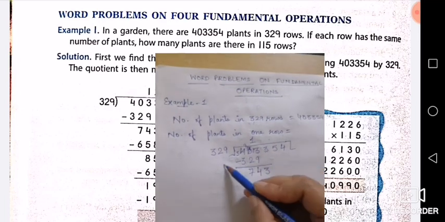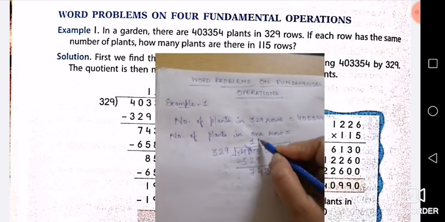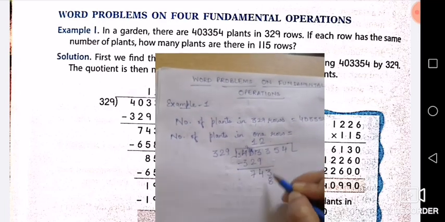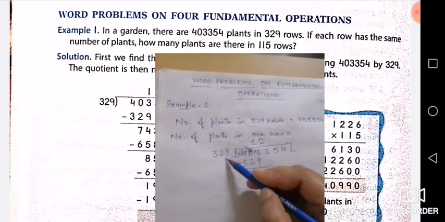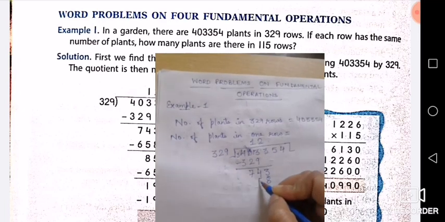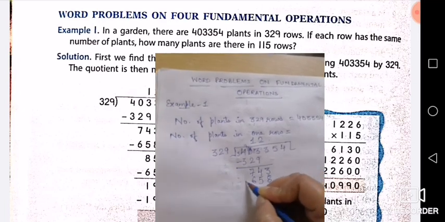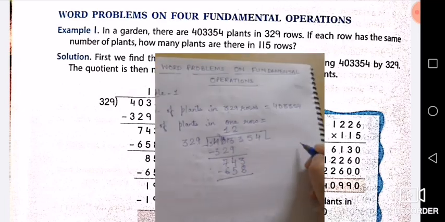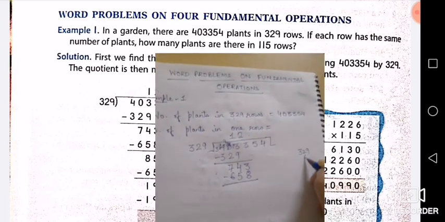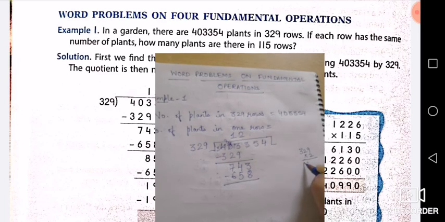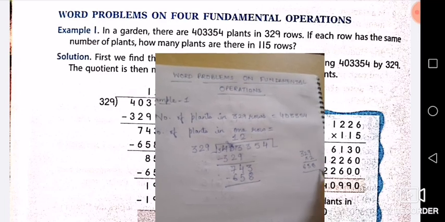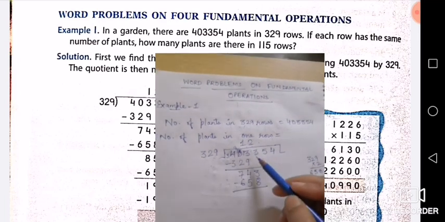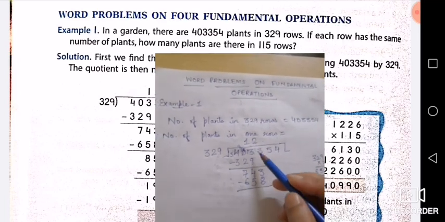Now, it will go 2 times. So, we will do it 2 times: 2 9s are 18, 1, 2 2s are 4, 1 5, 2 3s are 6. If you are not able to do the multiplication here, you can write down 329 here and multiply by 2. And then you will get 658. It is not necessary that you do it like ma'am has done. You are also supposed to do it like that.